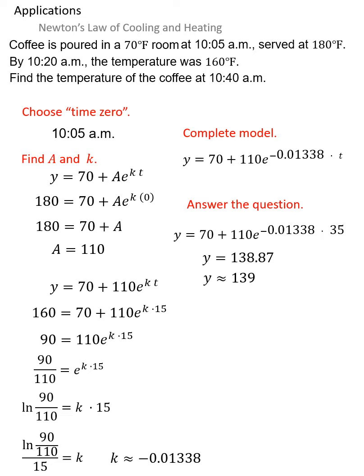Remember, y represents temperature, so ultimately we have just found an approximation for the temperature of this coffee at 10:40 a.m. That completes this problem and this fourth video in this series on logarithmic and exponential functions.